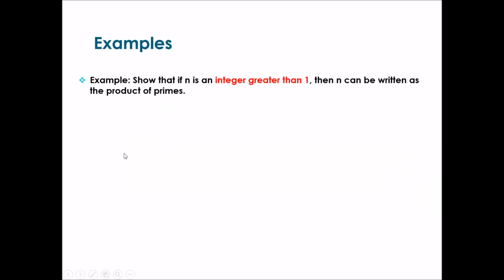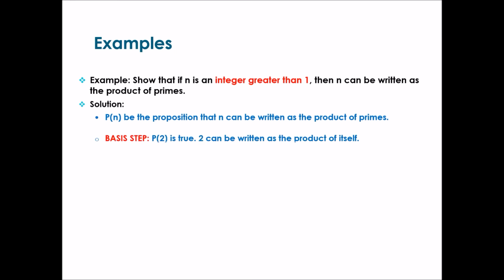So let's illustrate the process with the examples. First example: show that if n is an integer greater than 1, then n can be written as the product of primes. So first step is same.